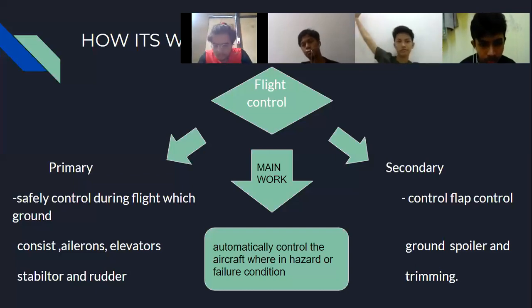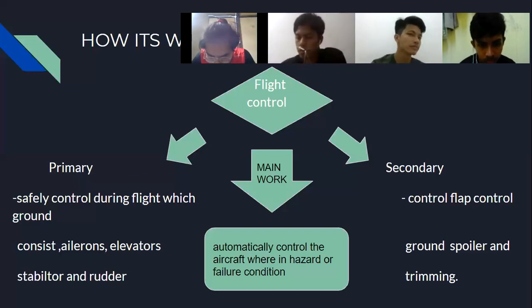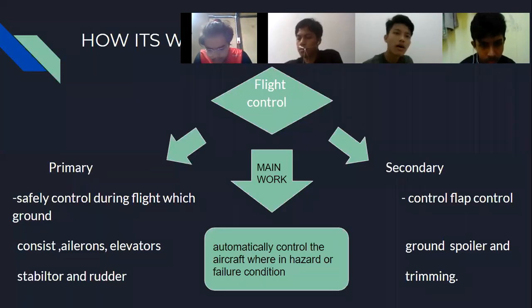What is primary flight control? Primary flight control is basically working on the safety control of the aircraft during flight and consists of ailerons, elevators, and rudder in some installations.